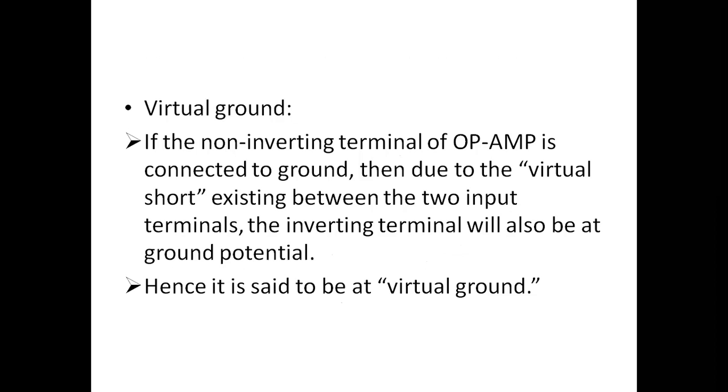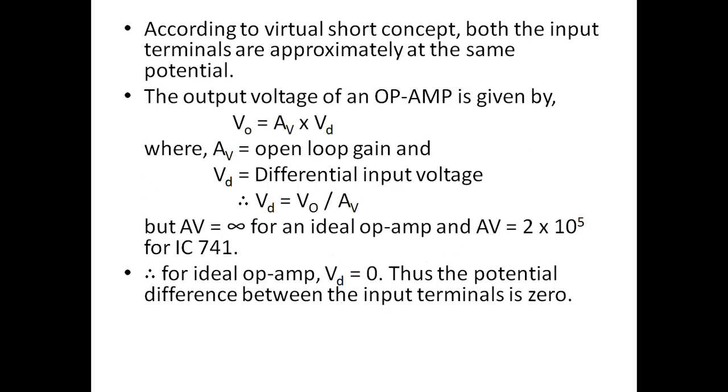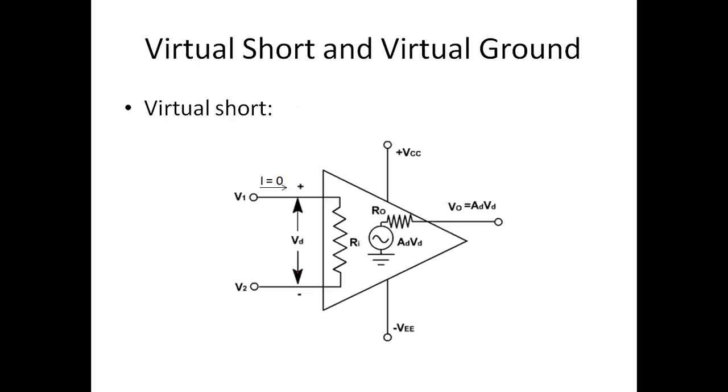existing between the input terminals, because we are shorting the input terminals and we are connecting our non-inverting terminal to the ground and the input has been shorted, due to which the inverting terminal also will work as a ground. If we are using this circuit diagram, we are doing input terminal shorting.